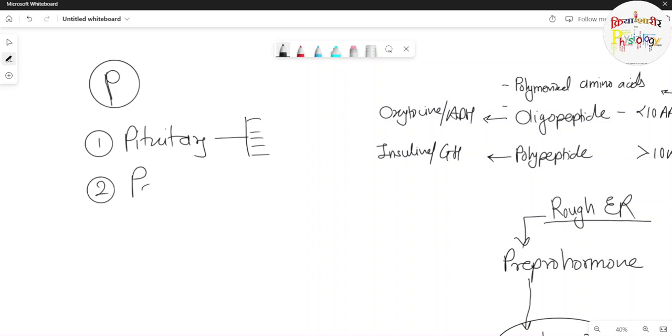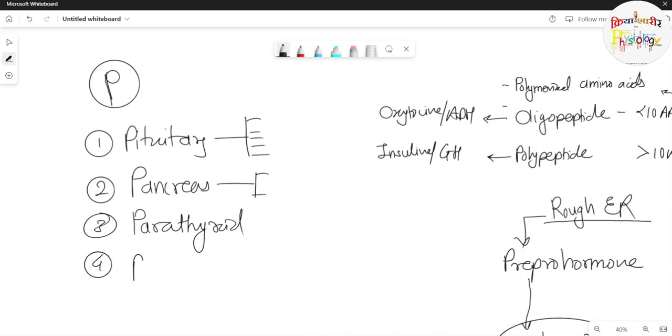Second is pancreas. Insulin and glucagon are peptide or protein hormones. Third is parathyroid. Fourth is placenta.